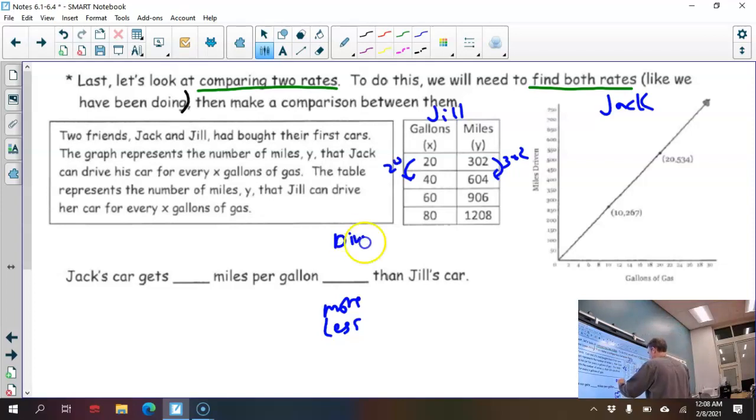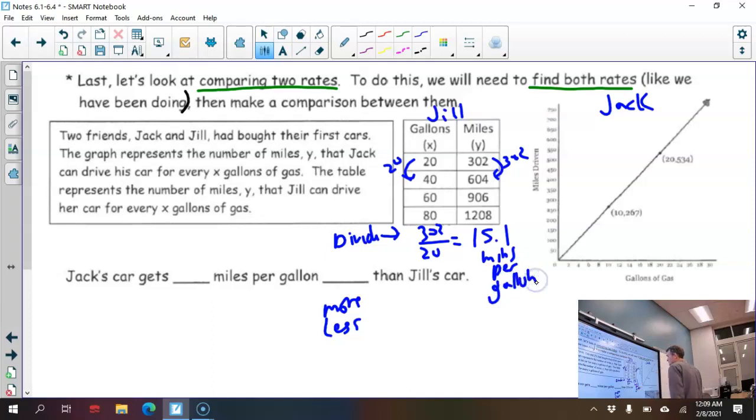And of course, I would get that by dividing. 302 divided by 20 equals, and that turns out to be 15.1 miles per gallon. That is not very good mileage. Jill must have like a big SUV or something.